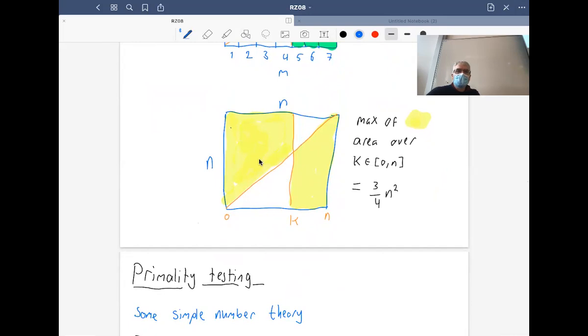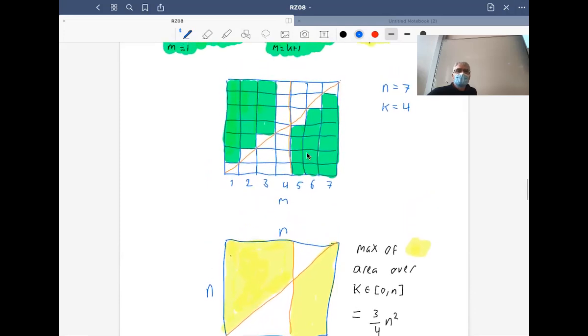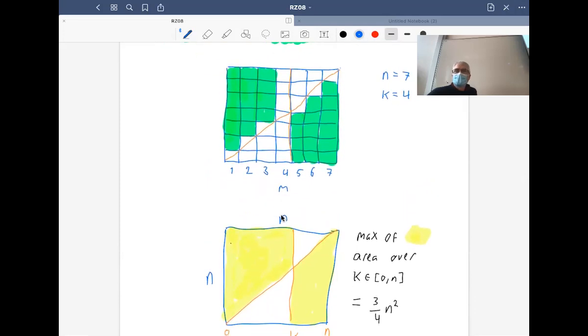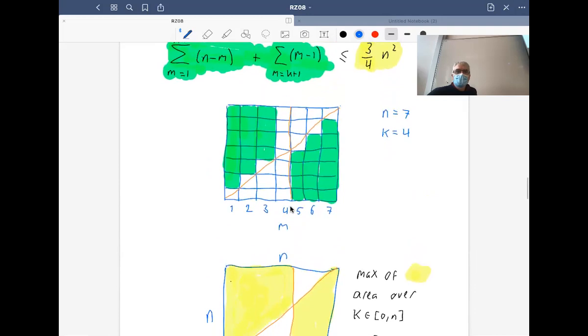Wherever you put k, if you color it in yellow like this, the maximum value you can get is 3/4 of the area of the square. But that's when k is in the middle, then you cover exactly 3/4 of the area of the square. If k is at the edge, you cover half the area of the square. So the maximum value of this is 3/4 n squared, and the green part is certainly smaller than the yellow part. So that's a nice proof of that inequality.